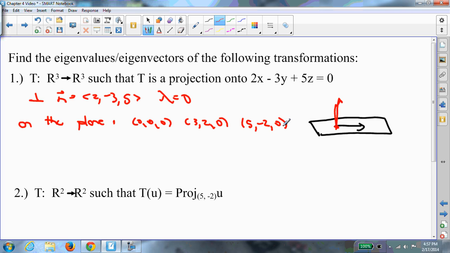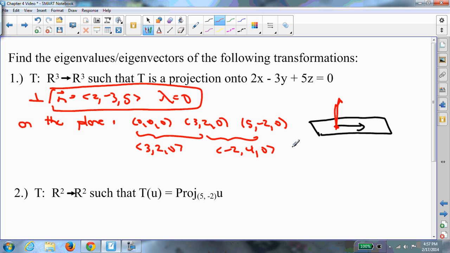So if I use these points, I can create a couple of vectors. 3, 2, 0. And let's say take these. That would be negative 2, 4, and 0. So those could be my eigenvectors. This eigenvector has a lambda equal to 0. These two eigenvectors would have an eigenvalue of 1 because the vectors would project onto themselves.